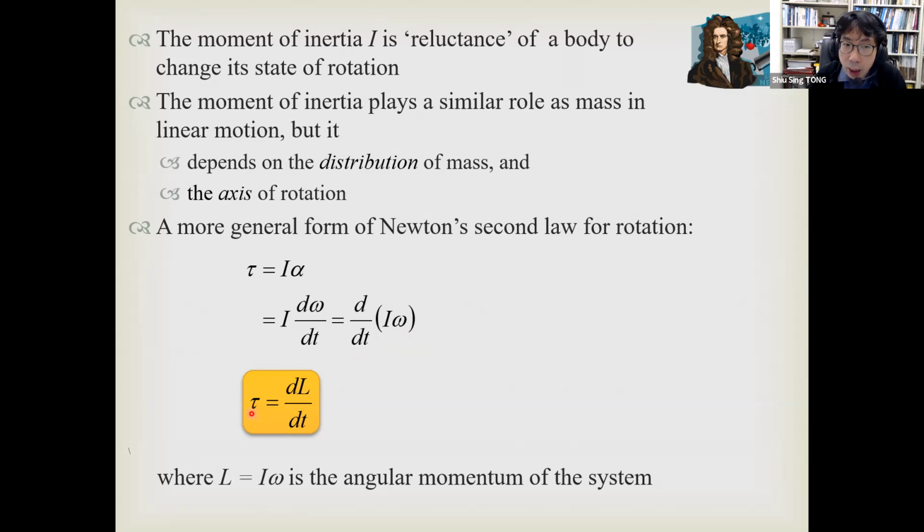So I arrive at a form of Newton's second law of rotation in terms of the angular momentum. The torque is now equal to the rate of change of the angular momentum, where the angular momentum is given by I omega.